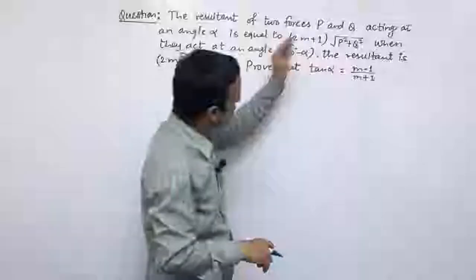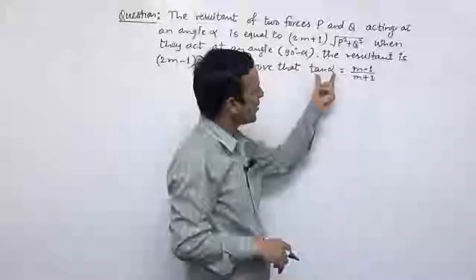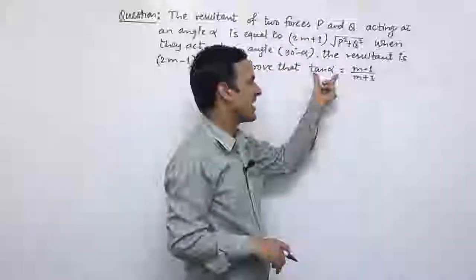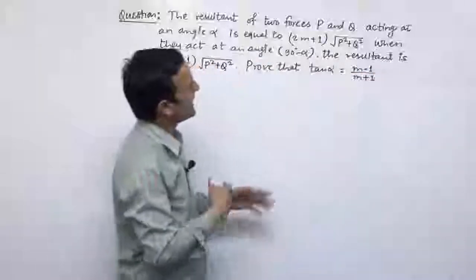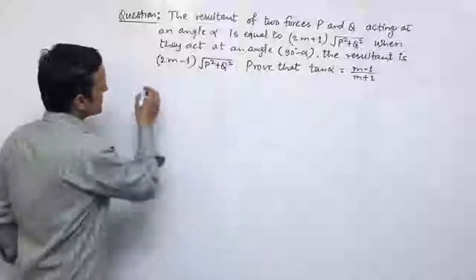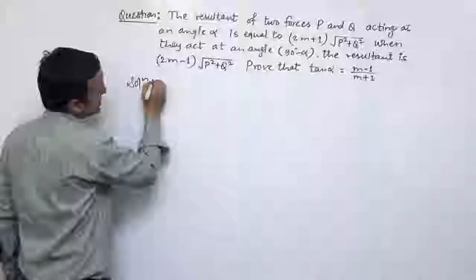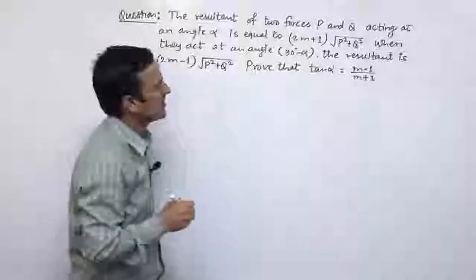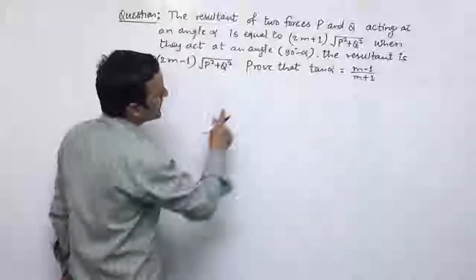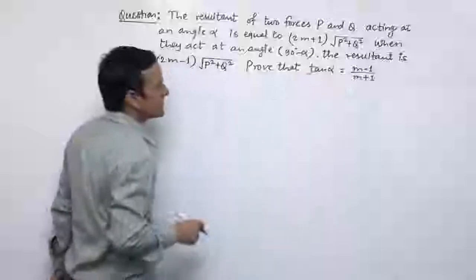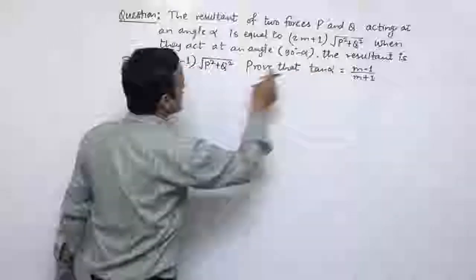In both cases we can deduce the term tan alpha is equal to m minus 1 by m plus 1. So from the two cases we can deduce two equations, solve them, and finally reach this conclusion.